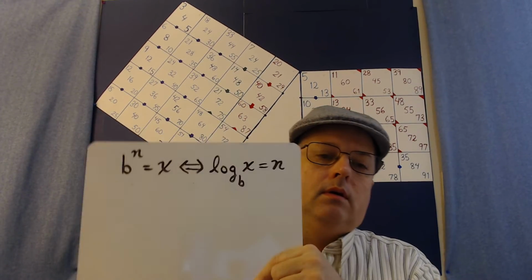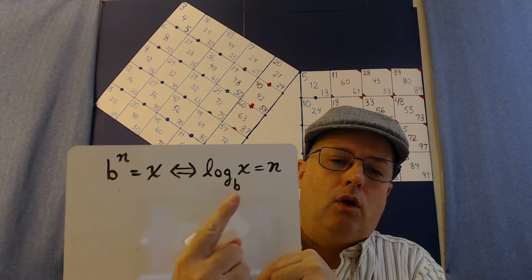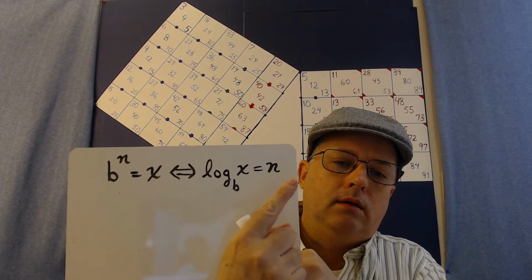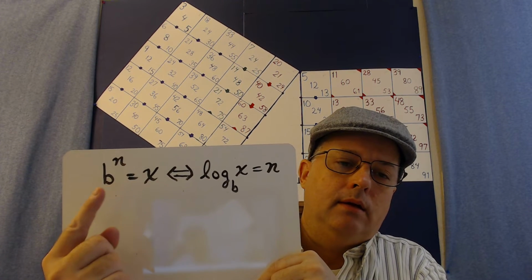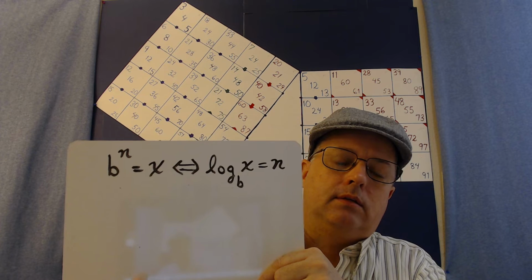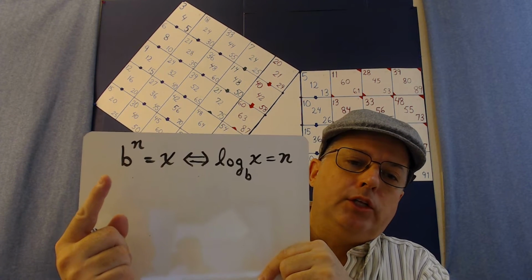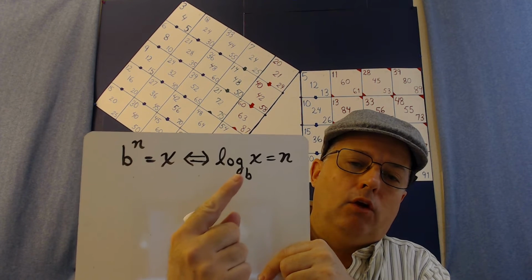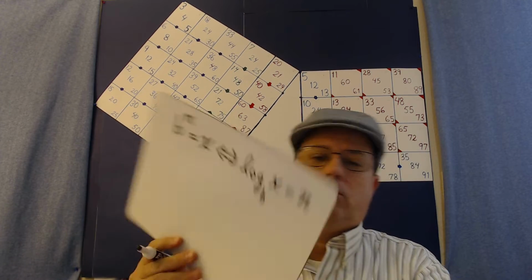These two statements are related to each other. b to the n equals x gives log base b of x equals n. And if you have log base b of x equals n, you can go back and say b to the n equals x. This is the relationship between exponents and logarithms.